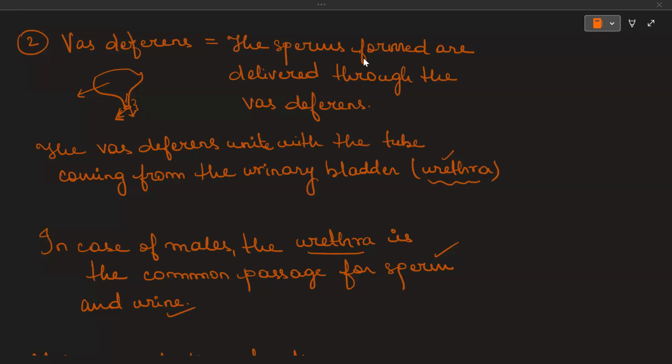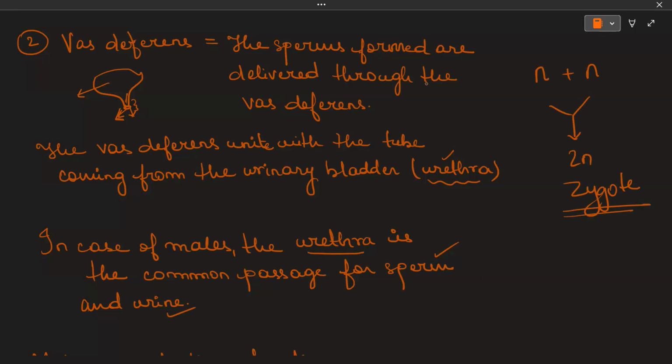No. Haploid. The gametes are always haploid because, see, whenever the fusion takes place, one haploid plus one haploid will give you one diploid zygote. Okay. So always remember this as a fact, that the gametes will always be haploid. Got it?